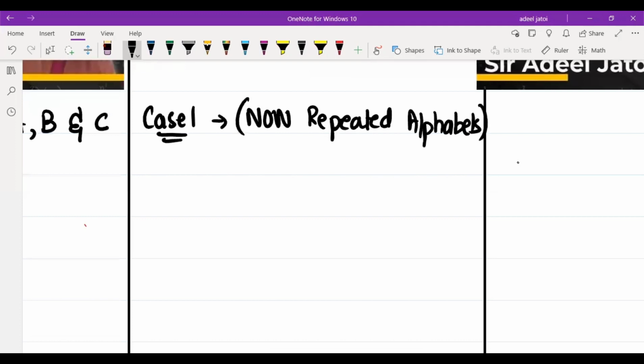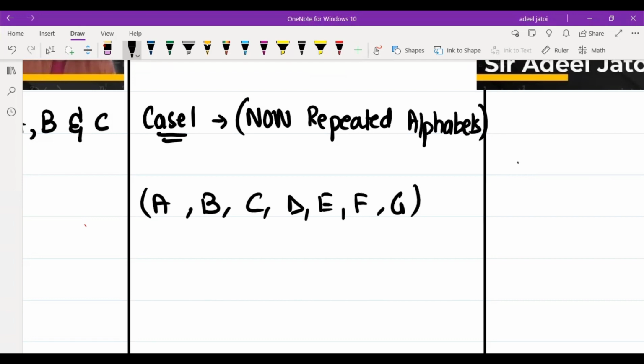Let's just say we have A, B, C, D, E, F, and G. So in total, there are 7 alphabets given. Non-repeated alphabet means that no alphabet is repeating. All the alphabets are different.